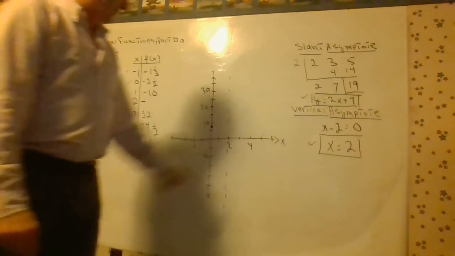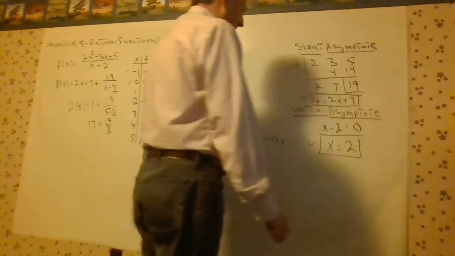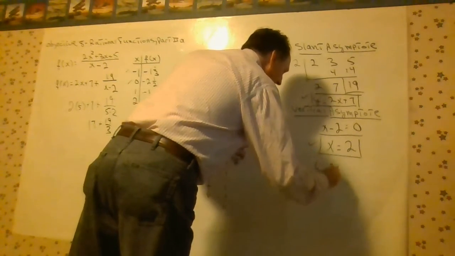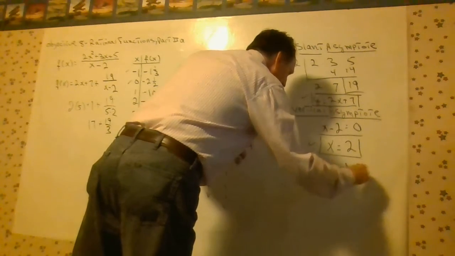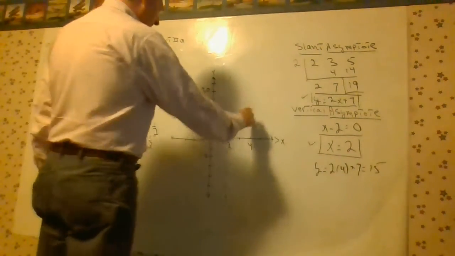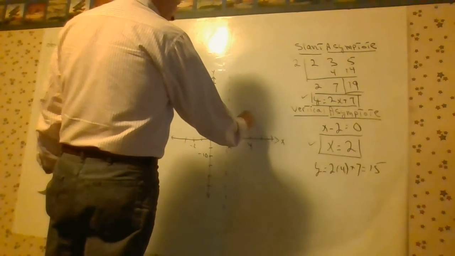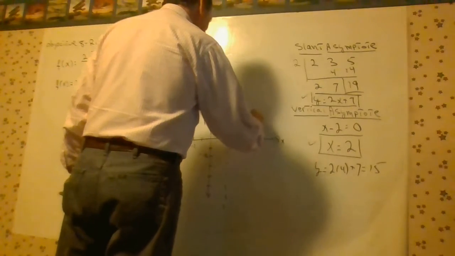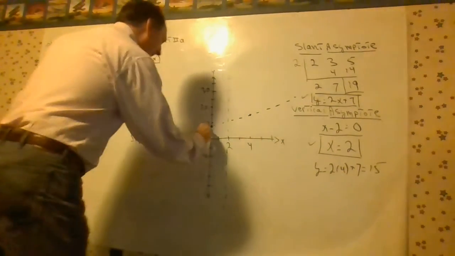And pick a number like 4, for instance. You plug 4 in. y is 2 times 4 plus 7, which is 15. And so at x equals 4, we have to go up to 15. That's right about here.